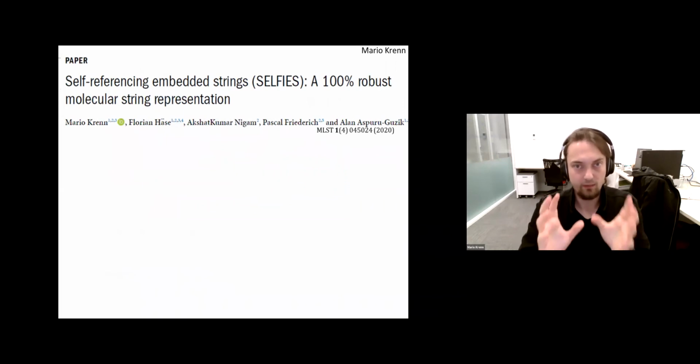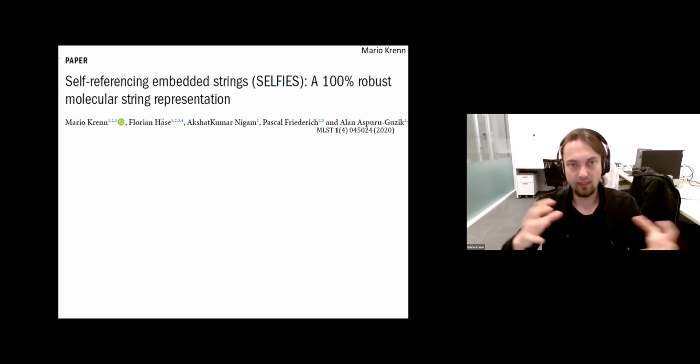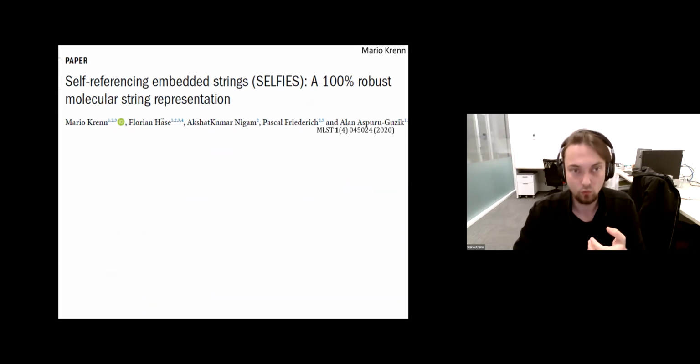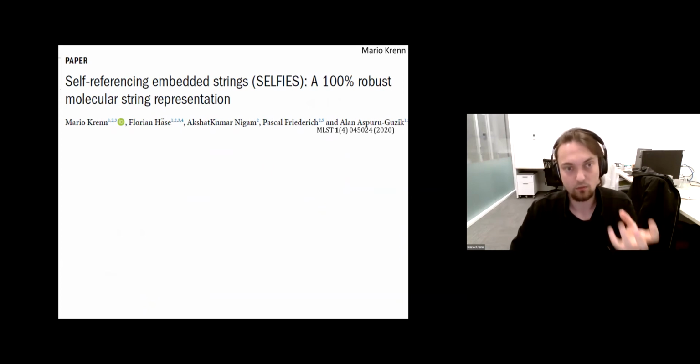We define a new way of writing down molecules as a string, but in a way that it is 100% robust, so that it always produces valid outputs.